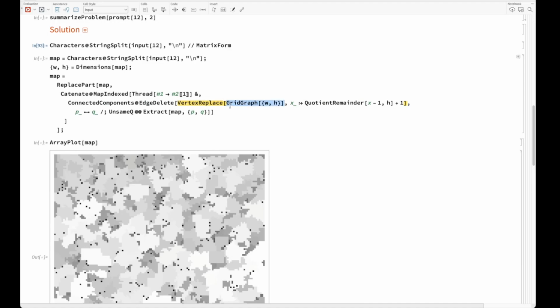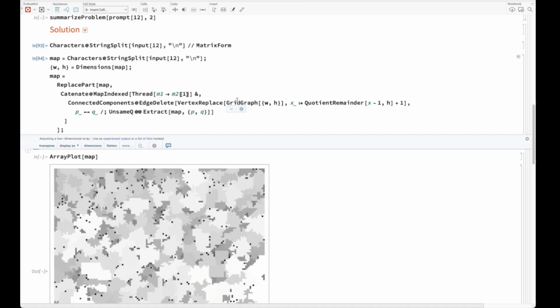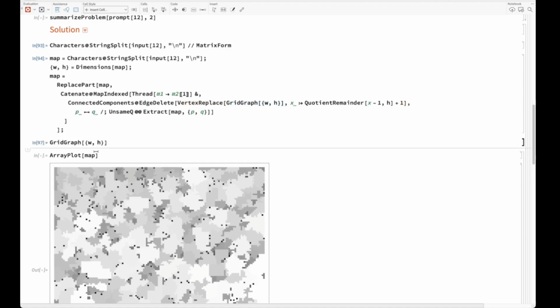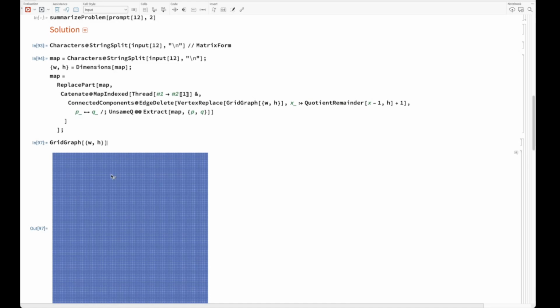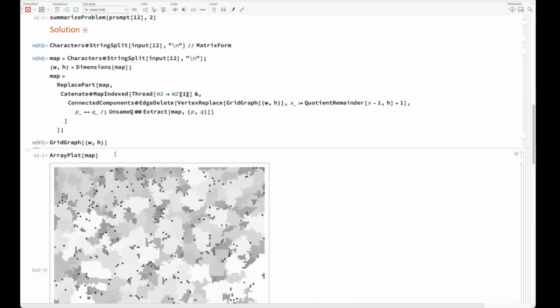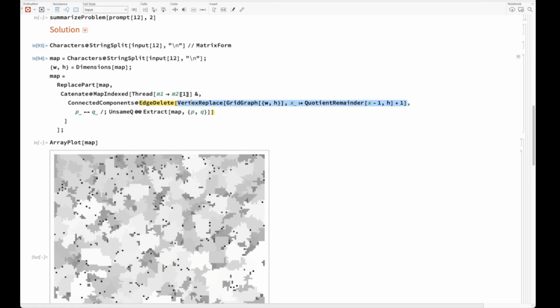Just make a grid graph, again of the same size as the map, and then delete a bunch of edges. This is a much denser grid graph than before, but it can still work. So what I did, I basically removed all the edges that connect different values, because you're only allowed to walk within a single region.